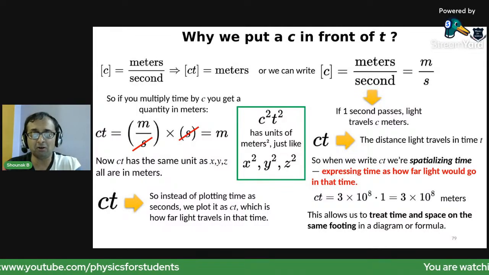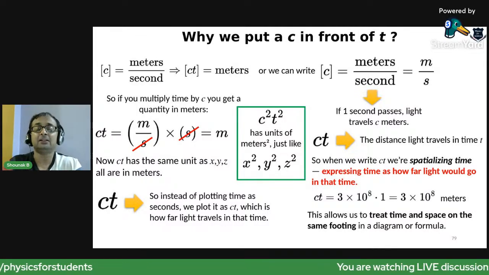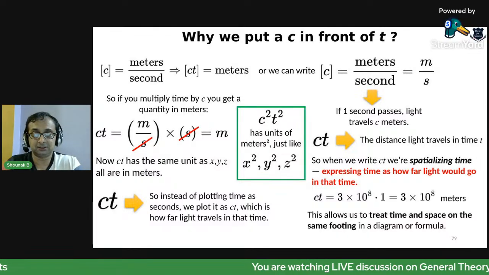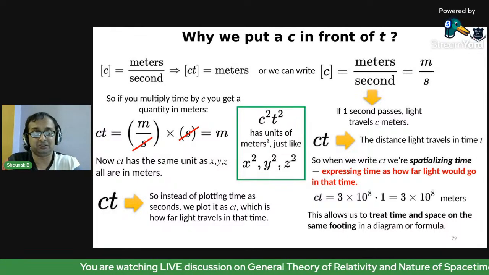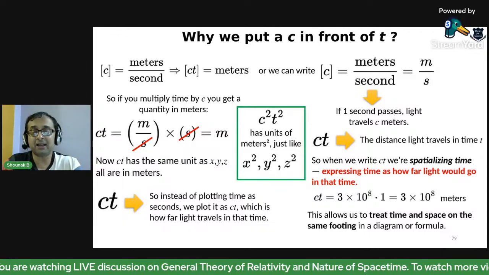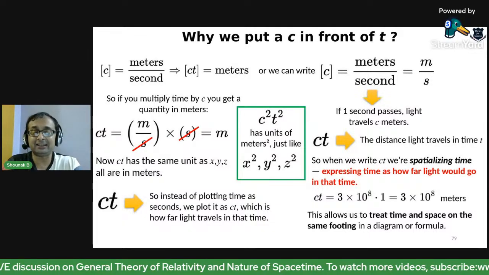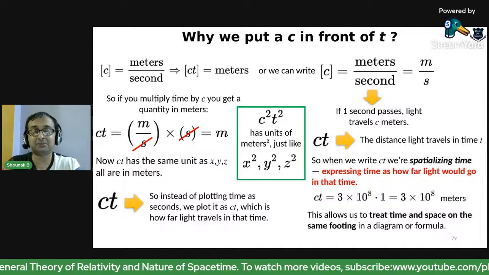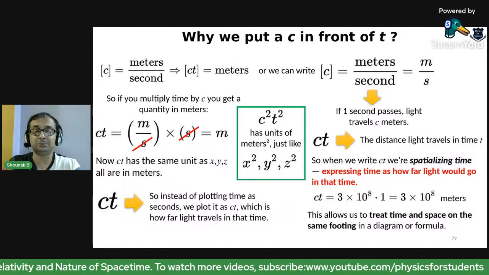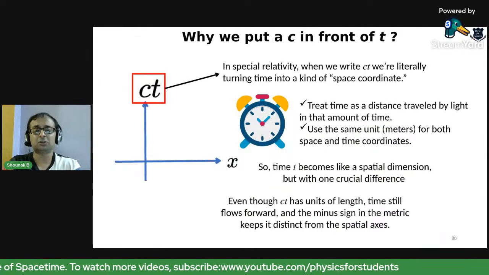We are by force making time into space. So we are cancelling the s out and we are measuring in meters. So when we take c squared t squared, we are just treating it like x squared, y squared, z squared. We are measuring in terms of meters, right? So from there, finally, we get to this slide.